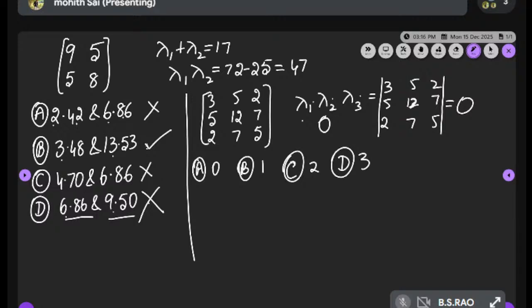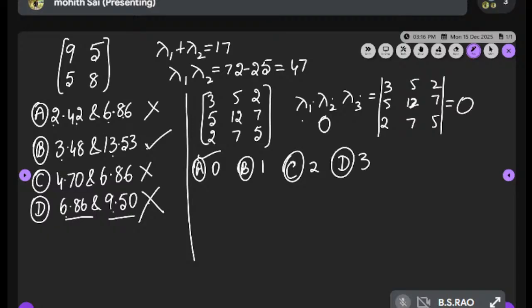Product of some value with 0 will be equal to 0. So any one of those eigenvalues must be 0. So what is the answer? Simple, common sense. Say yes or no. Clear?